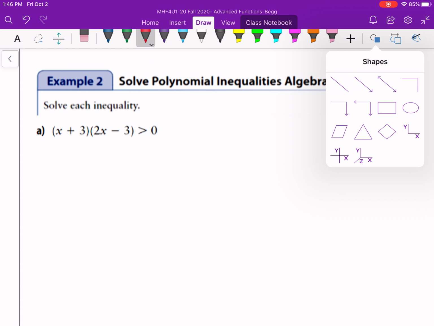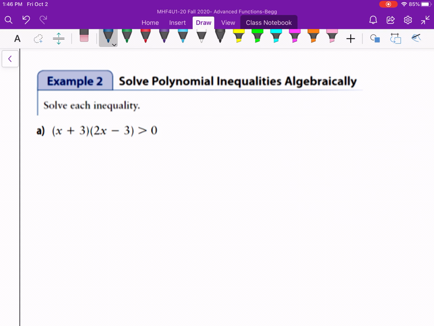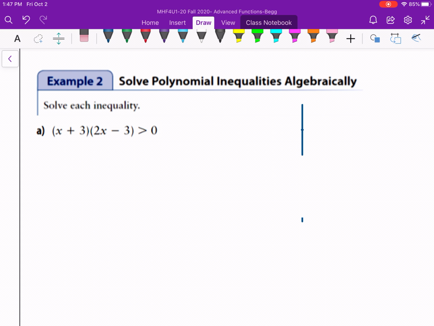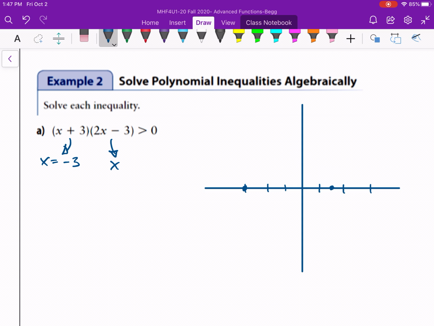And just to draw a sketch of what we're used to dealing with, we have zeros at -3 and at positive 1.5 from these two factors respectively. And it's a parabola, it opens upwards.